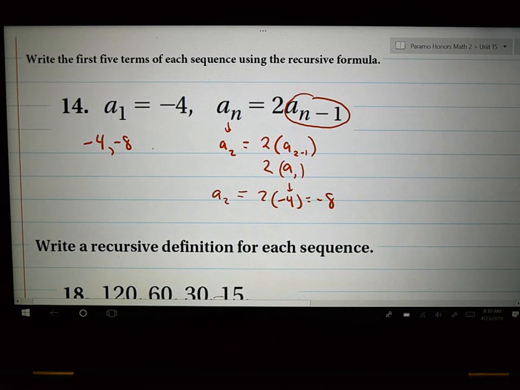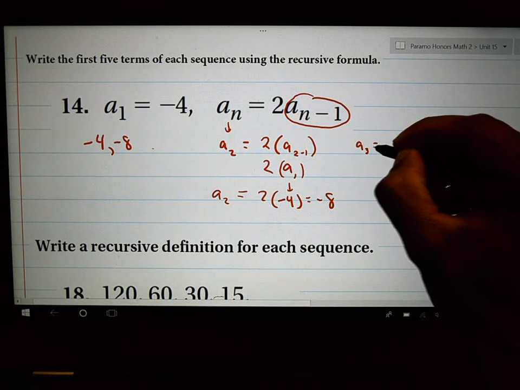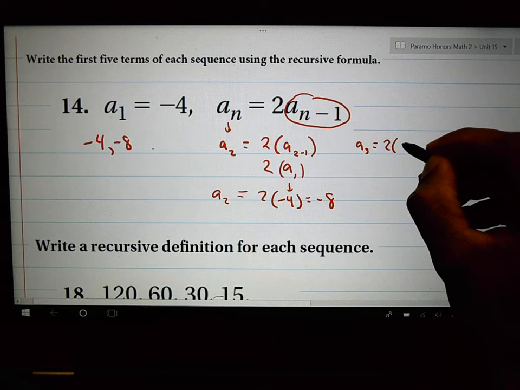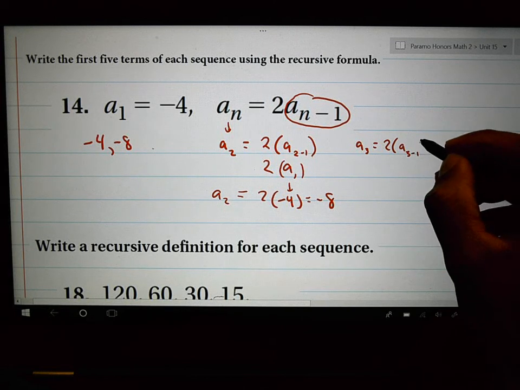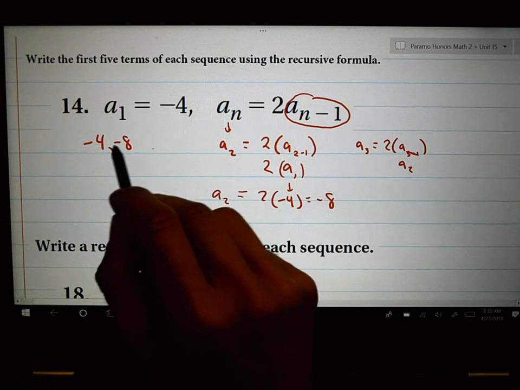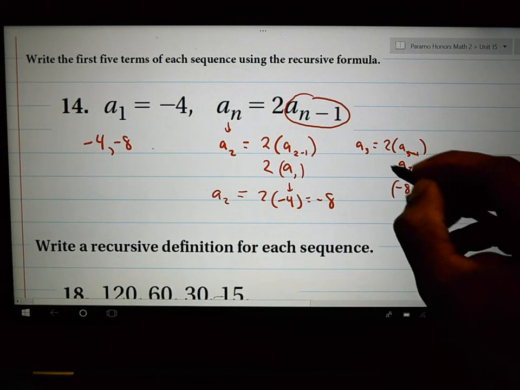So to find the third term's value, you're going to do 2 times the previous term's value. 3 minus 1 means that you're going to be plugging in A of 2. And since A of 2 is -8, that's what you replace.